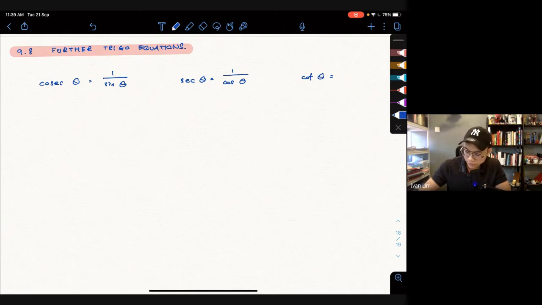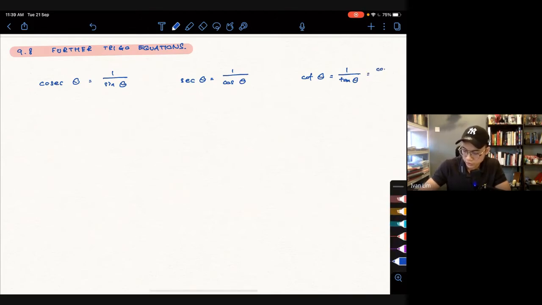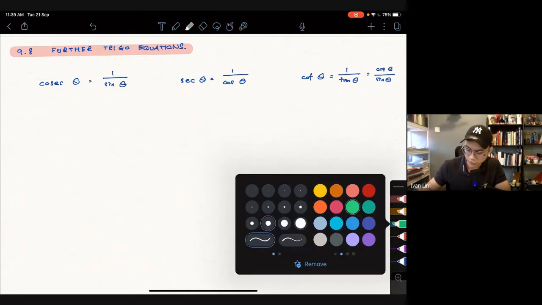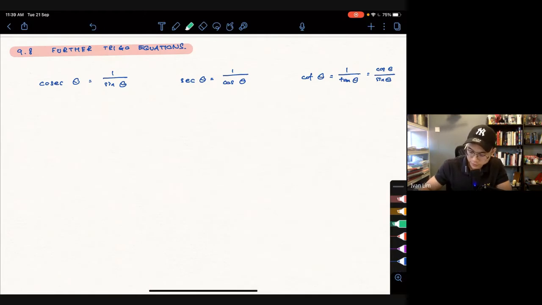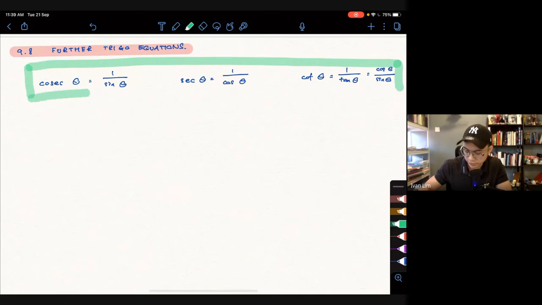Cotangent theta is 1 over tangent theta, or cos over sine theta also can, because tangent theta is sine over cos, right? So you terbalik it, it will be cos over sine. Okay, so these are another 3 more that you have to memorize.